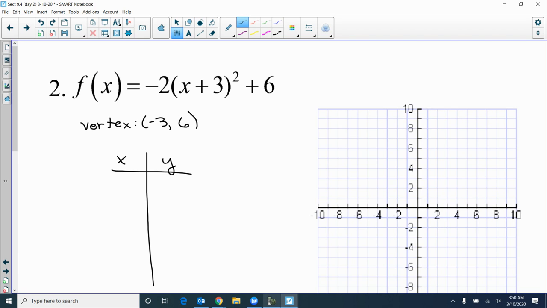So I'm gonna put that in the middle. And I need 2 points to the left and 2 points to the right. Be careful, we go up to the right and then we go down to the left. So -5, -4, -3, -2, -1. So I'm gonna go in that order. Plug those in. Make sure you plug them in correctly.